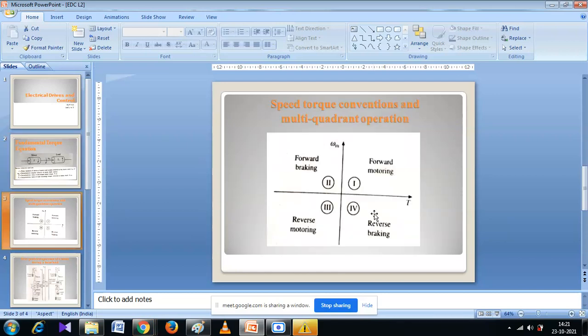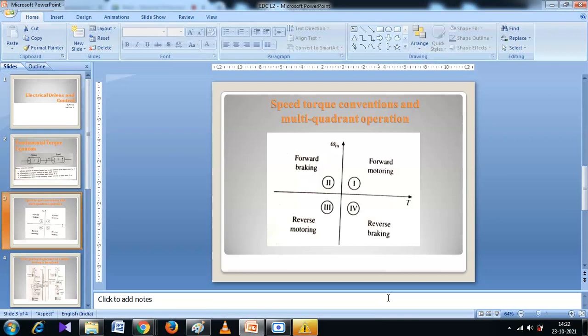Now we move on to the next topic, speed torque conventional and multi-quadrant operation. Previously I said that a motor can run in four quadrant operation. What are they?